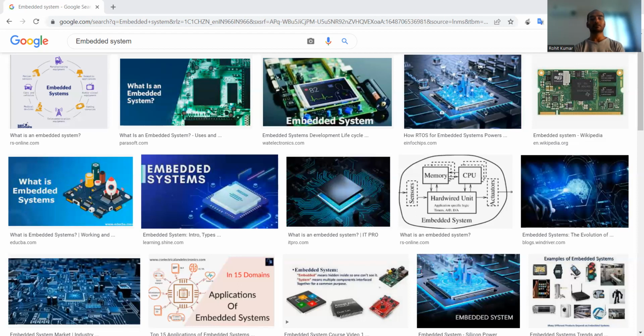So that's why cyber-physical systems become the reality, because the physical layer is constituted by your embedded system or the basic sensors. Like in the IoT video also, I have discussed this concept, that you have the IoT sensors at the physical layer. Similarly here, you have the embedded systems at the physical layer.